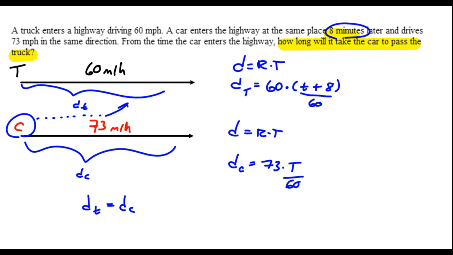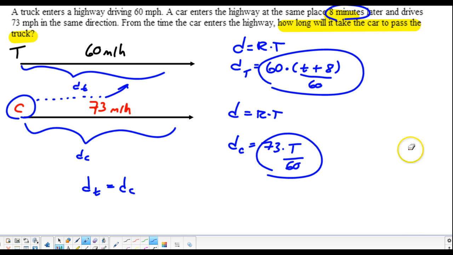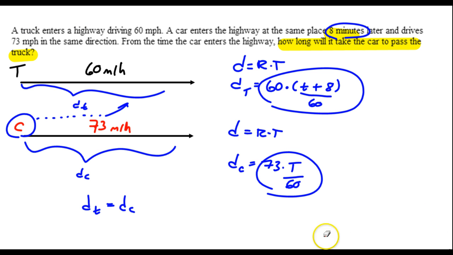Well, check this out over here. On the right-hand side, we know that the distance of the truck is this guy, right? And we know that the distance of the car is that guy. So we can set the left side equal to the right side. So dt equals dc.